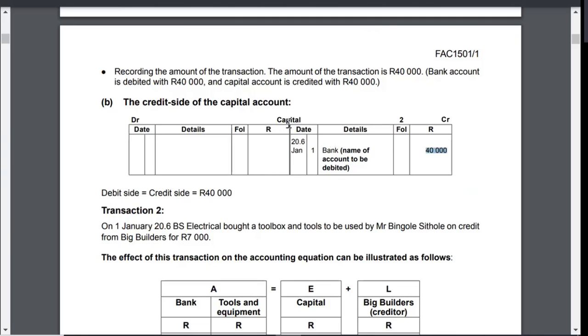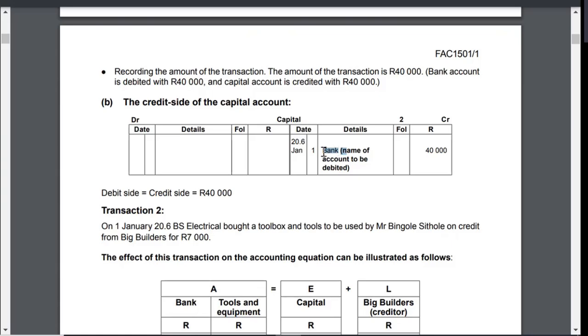So just looking at this general ledger, you need to understand that, oh, for the month of January, there was an account called capital, and the capital was contributed on the 1st of January, and this came by money. Money was contributed.